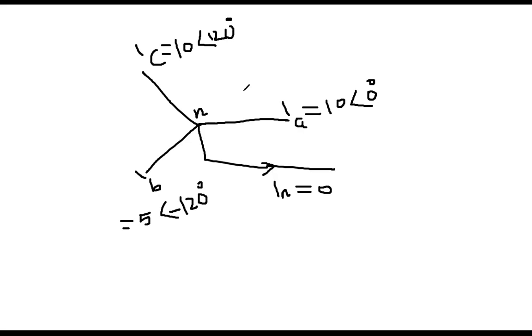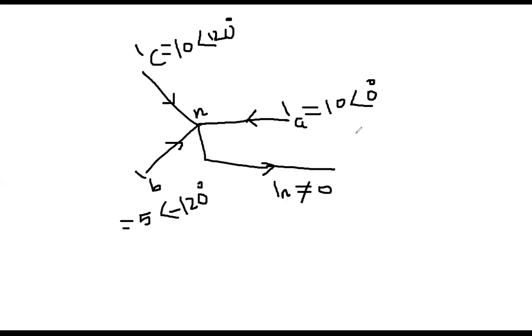So you see, this is an example of an unbalanced system. All three phase currents are entering here, and then current is going through the neutral line. But in that case, it will not be 0 because it is an unbalanced system.